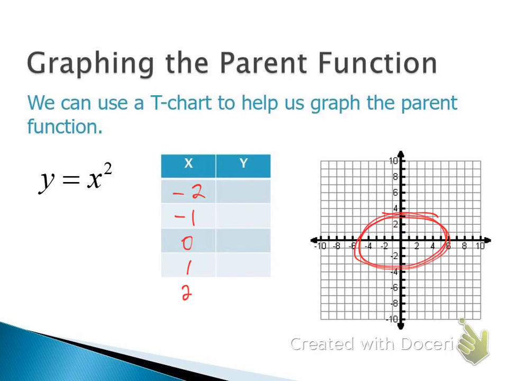So I would pick 0 to plug in for x. Well, the biggest reason is because it's super easy to plug in, right? If I plug in 0 for x, that's easy. You just square 0, and you get 0. So the y that would go with that x-coordinate would be 0, so you get a point 0, 0.